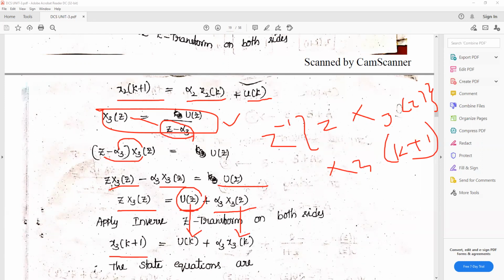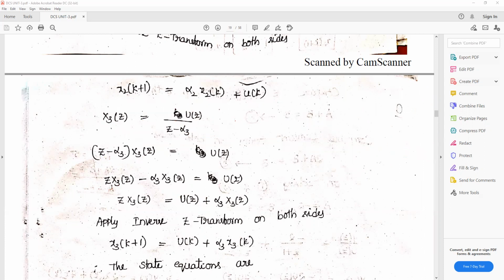The state equations are: x1 of z, x2 of z and x3 of z are each converted by inverse z transform.